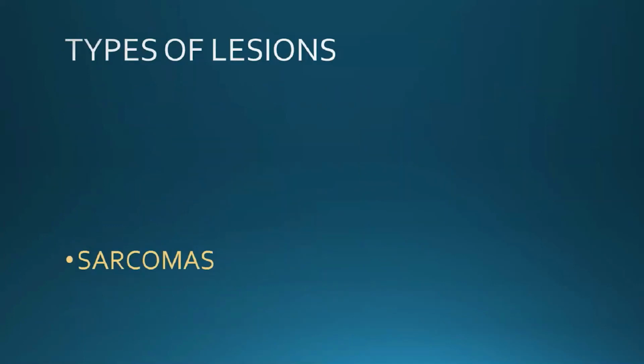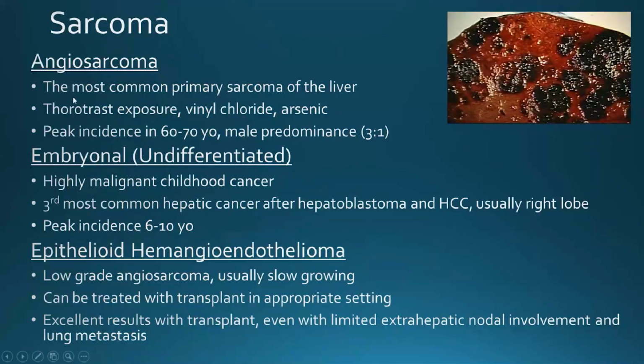The last group of primary lesions of the liver are sarcomas. These are highly malignant tumors, mostly angiosarcoma, which is the most common primary sarcoma of the liver. Thorotrast exposure, vinyl chloride, or arsenical compounds can induce the development of hemangiosarcoma, and the peak incidence is in the old age group, with a male predominance of 3:1.